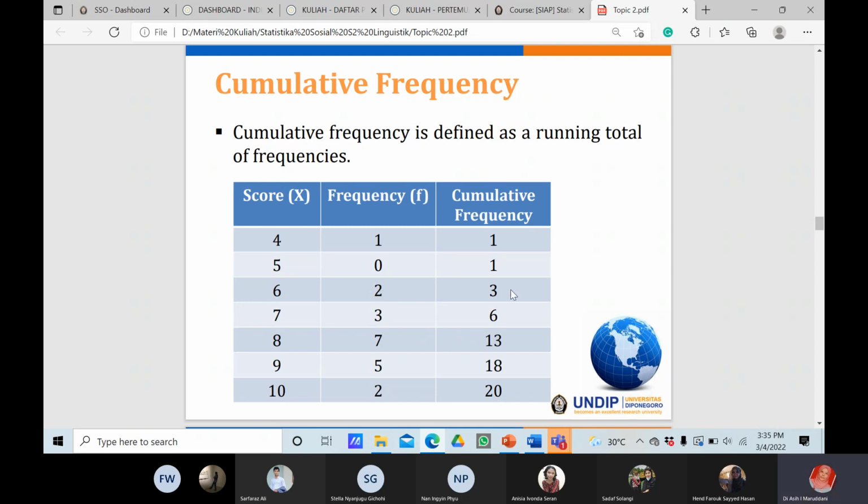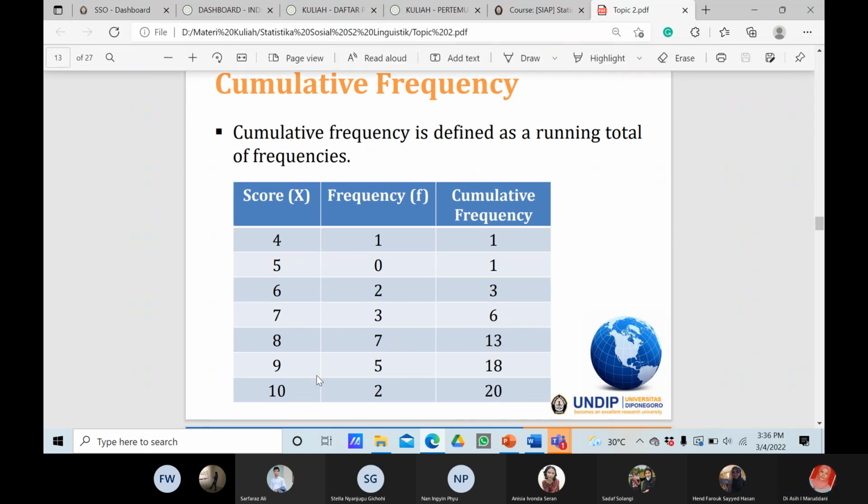Or we can say that 3 students got a test score less than or equal to 6. And all the rows after this third row have the same meaning.